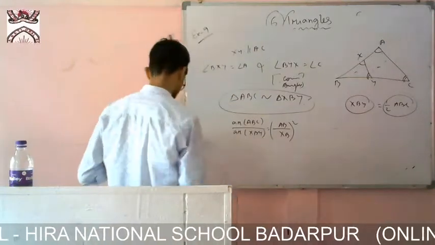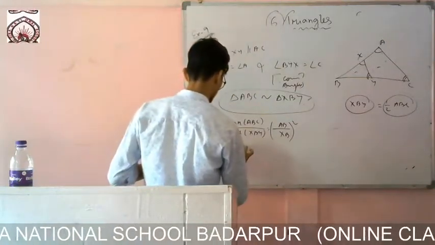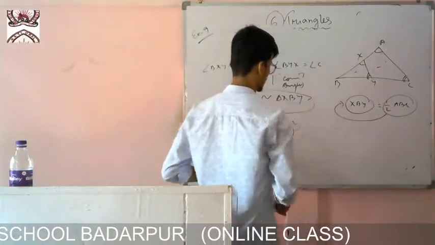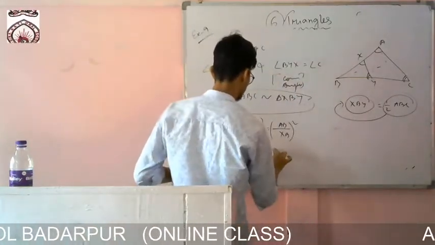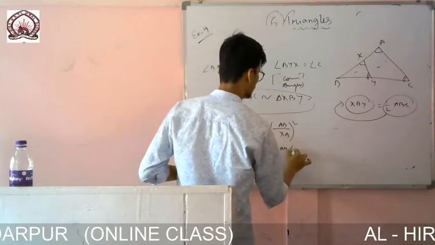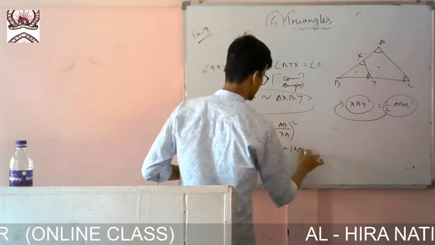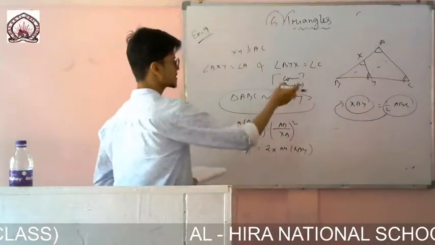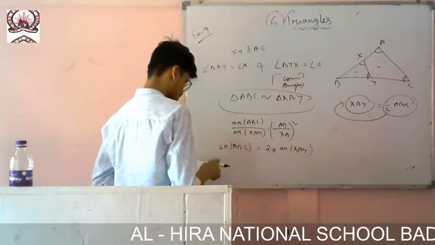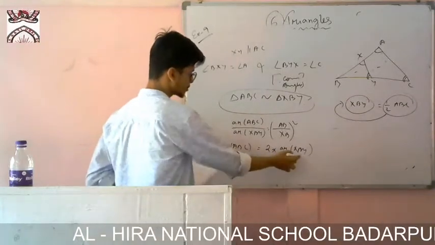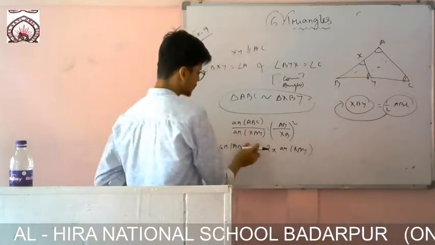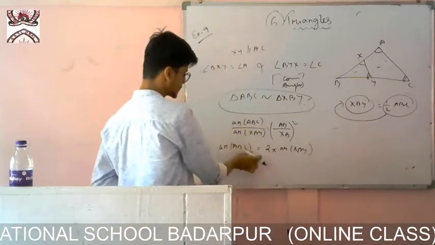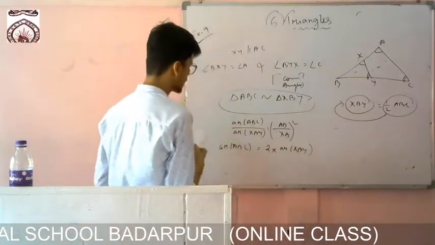So if I cross multiply, 2 will come here. Area of triangle ABC will be twice the area of triangle XBY, because this is the half. So now if I put this in place of that, I will get the answer.